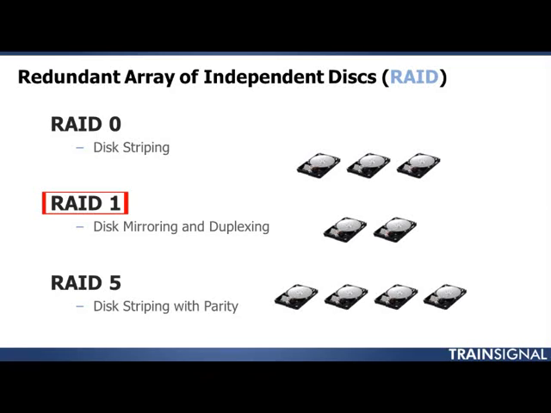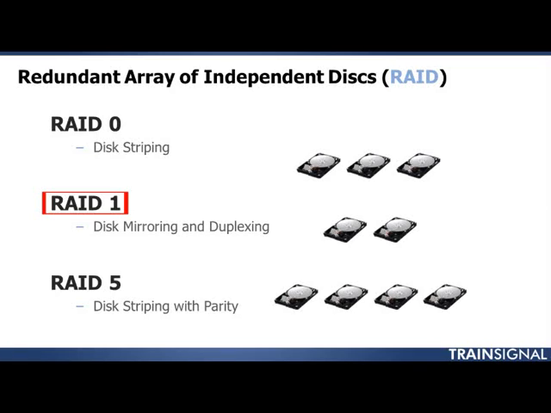Now when it comes to RAID 1, or disk mirroring, you use 2 and exactly 2 physical disks. And the idea is simple. Everything that is written to one, there is an identical mirrored copy put on the other. That way, if one of these drives fails, so what? I've still got the other drive.